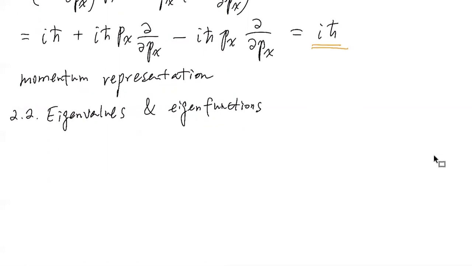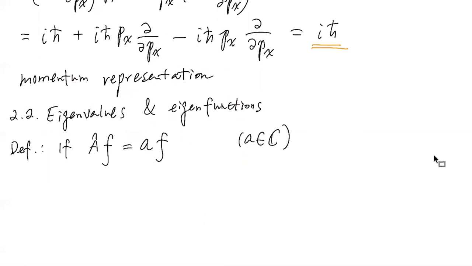Okay, let's first see the definition. If you apply operator A on a function, you get a constant times the function. Again, the constant in general is a complex number.